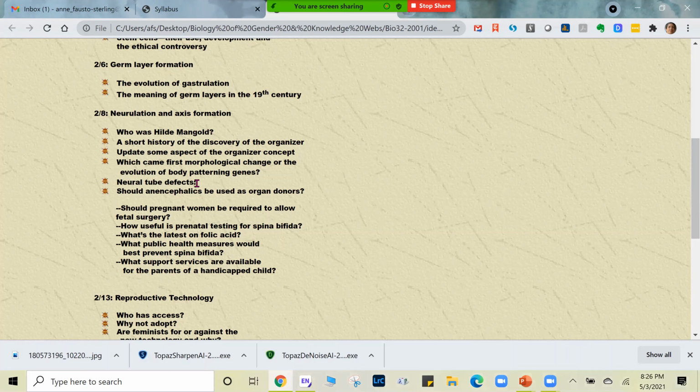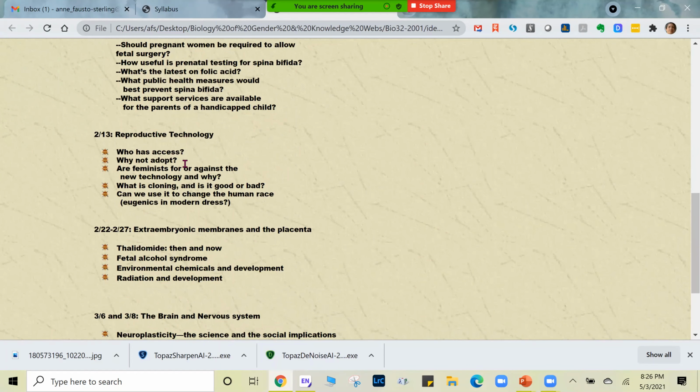I suggested that they might address a question that we discussed briefly: should anencephalic babies be used as organ donors? I mentioned this before, what public health measures might best prevent spina bifida, these kinds of things. Under reproductive technology, who has access to reproductive technology?